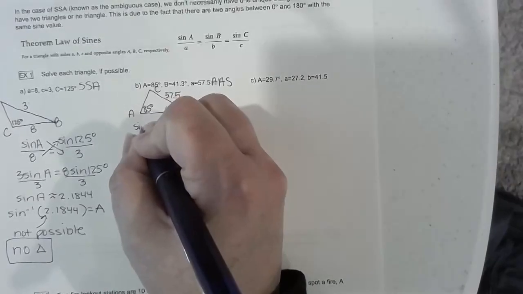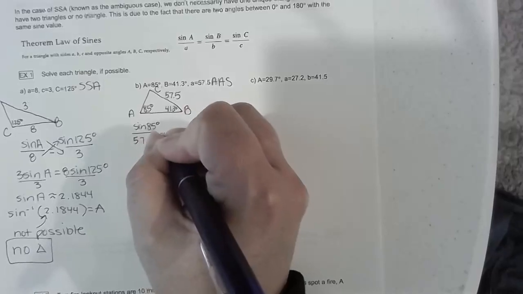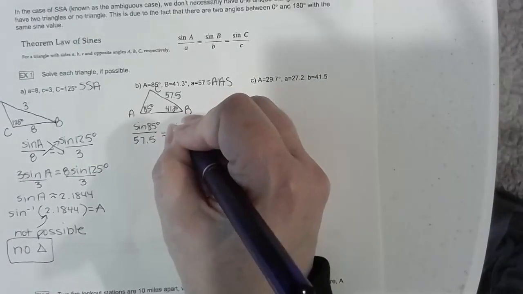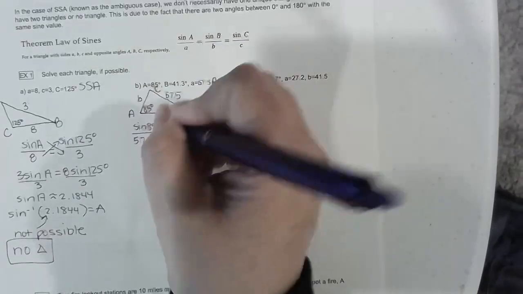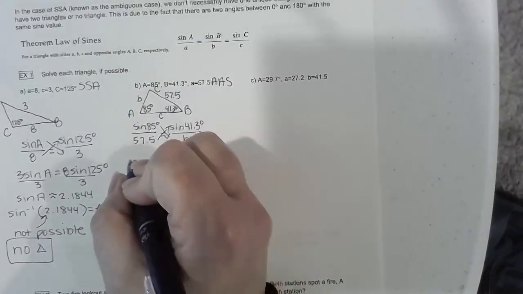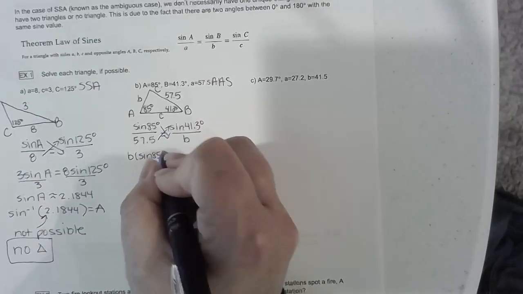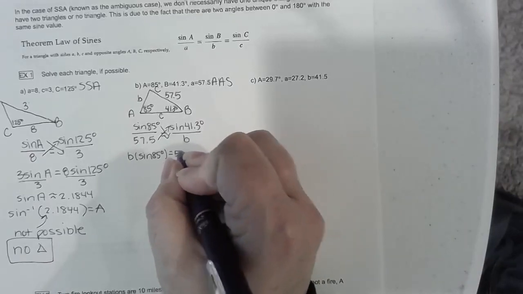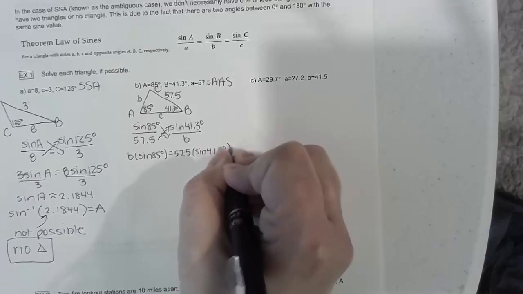So sine of 85 degrees over 57.5 equals sine of 41.3 degrees over side B. So I know this is side B and this is side C. So just like we talked about before, I'm going to cross multiply. So B times the sine of 85 degrees equals 57.5 times the sine of 41.3 degrees.